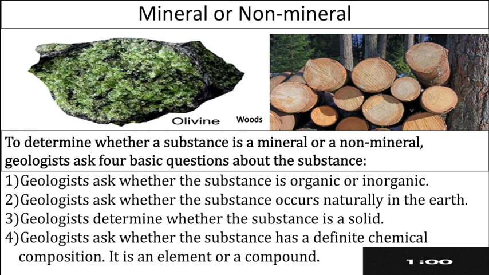Number one, geologists ask whether the substance is organic or inorganic. Number two, geologists ask whether the substance occurs naturally in the earth. Number three, geologists determine whether the substance is a solid. Number four, geologists ask whether the substance has a definite chemical composition. It's an element or a compound.